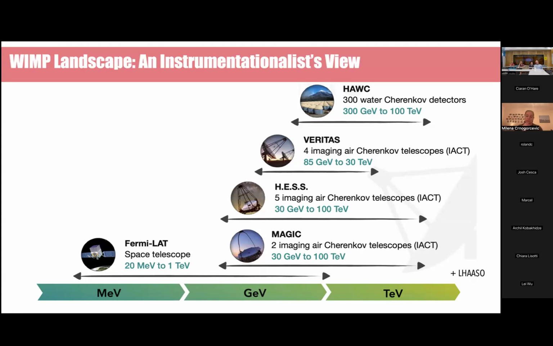And I do want to point out that Fermi was launched in 2008, and as such, may be coming to a later stage of its lifetime. And as such, I really hope to convince you that it's important to have something in the sky in the coming years that may potentially be the next space-based gamma ray observatory.